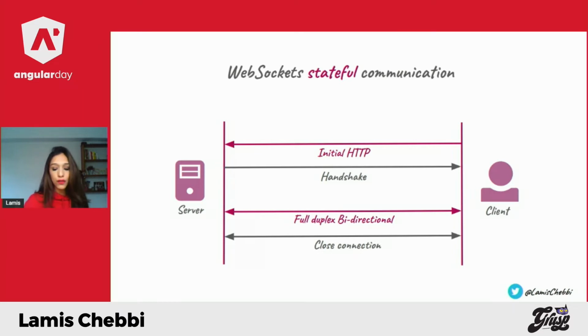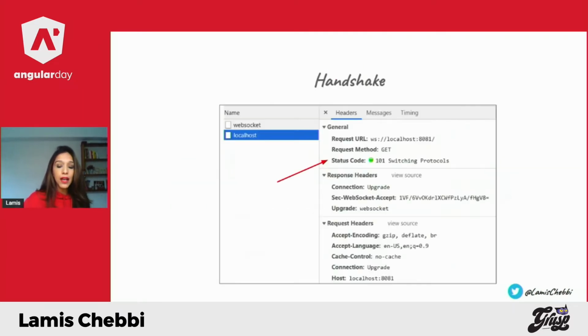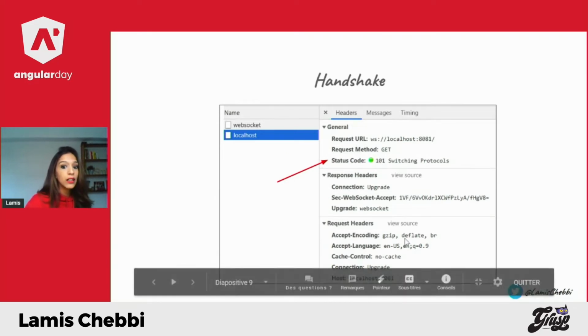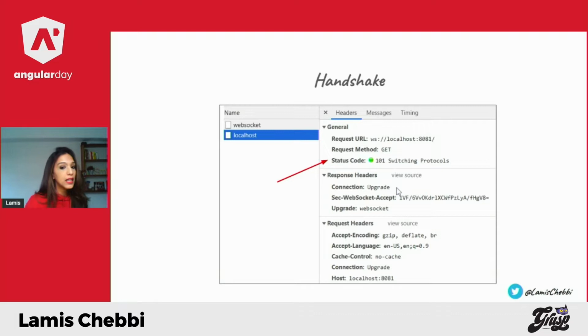And if the server accepts, then a protocol upgrade will occur in the client-side layer. And this is what you see if you inspect the network in your browser. You can see this 101 Switching Protocols, which is done through HTTP, and then all the communications will be performed through this WebSocket channel.